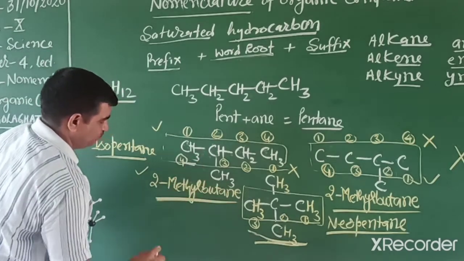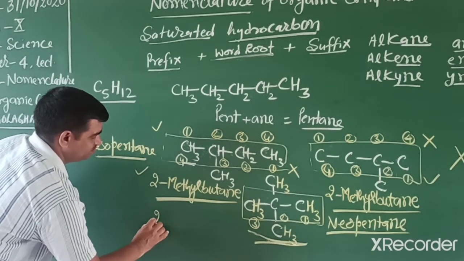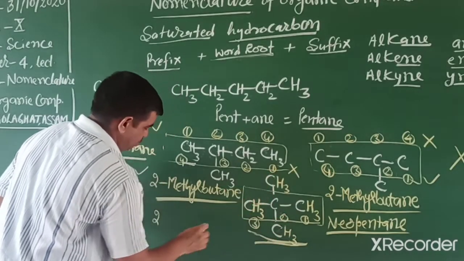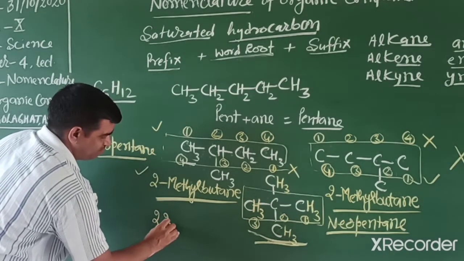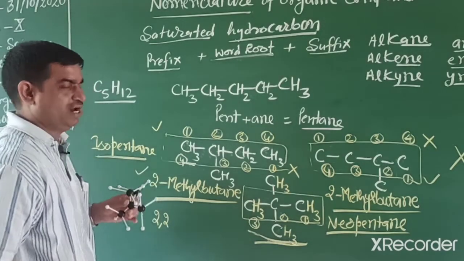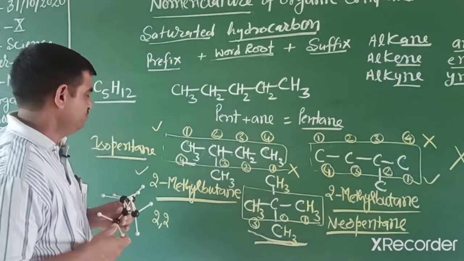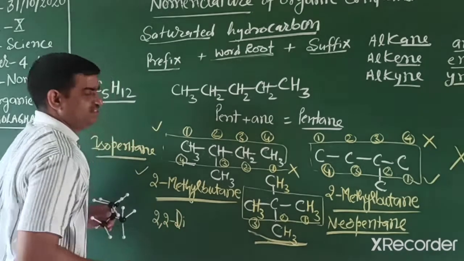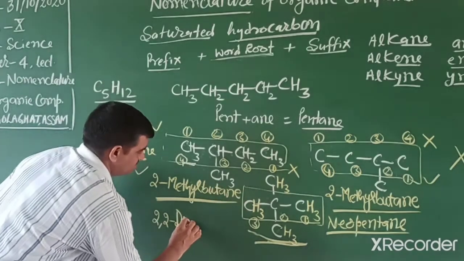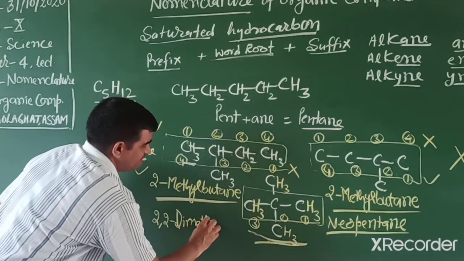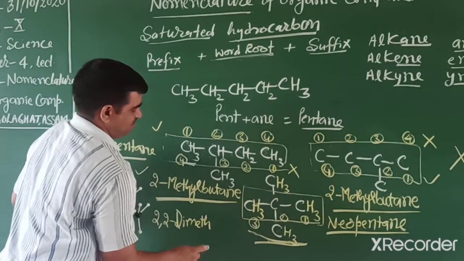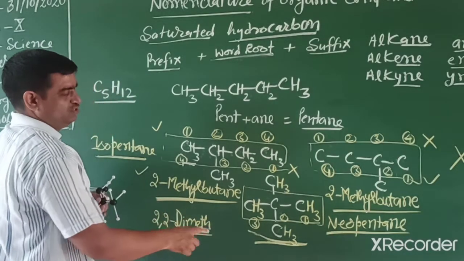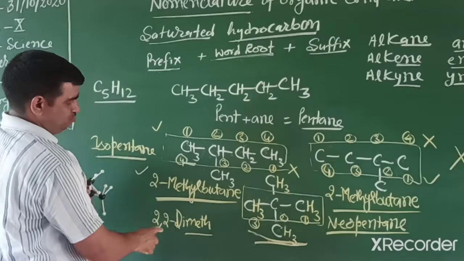First we write the position of the substituent, 2, because this substituent is at 2 and the other is also at 2, so 2,2. Both are 1 carbon. So we write 2,2-di. What is di? Meth. Why do we write meth? Because both sides have 1 carbon. Meth means first carbon. Di means 2 carbons are separate.